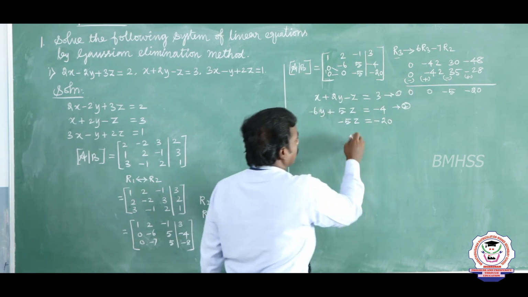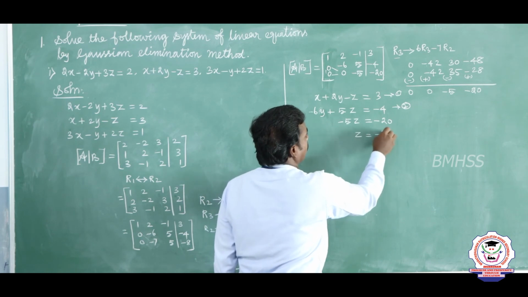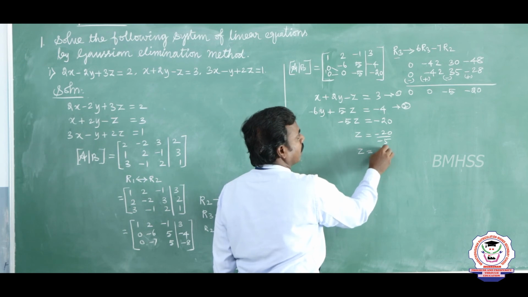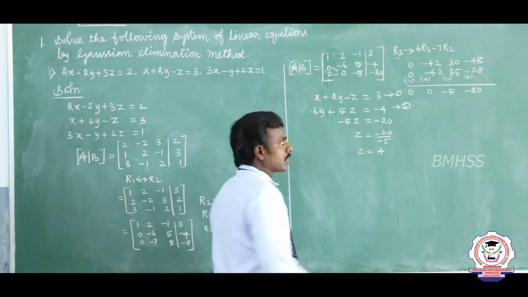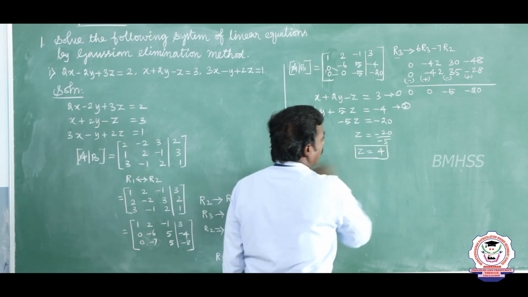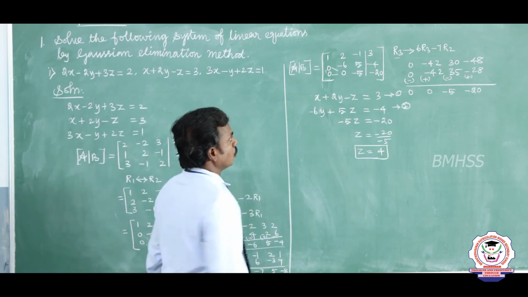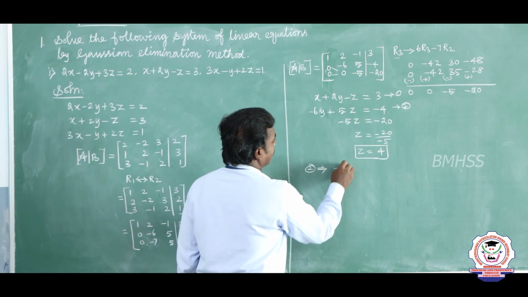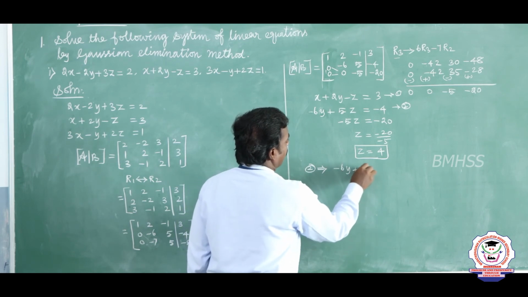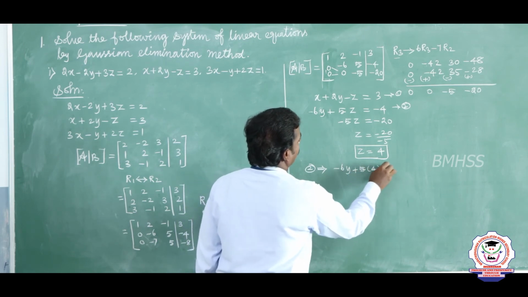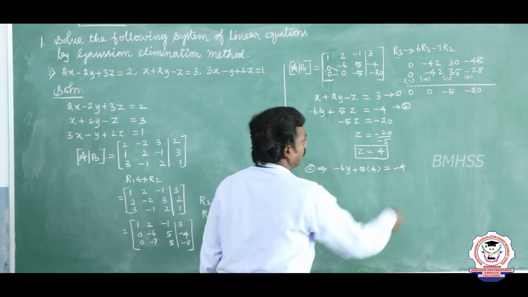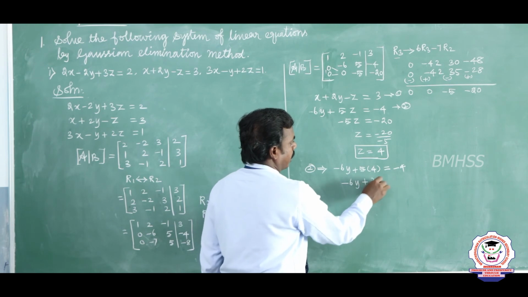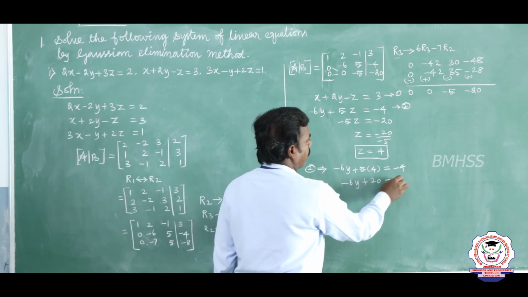From the third equation, z equals minus 20 by minus 5. After the cancellation, z equals 4. This 4 I am going to substitute in equation 2. Minus 6y plus 5 into 4 equal to minus 4, so minus 6y plus 20 equal to minus 4.